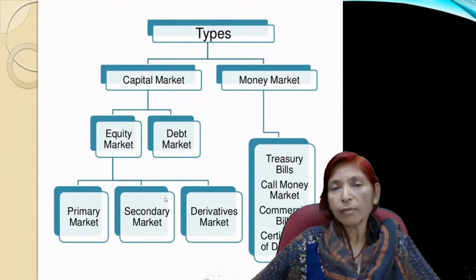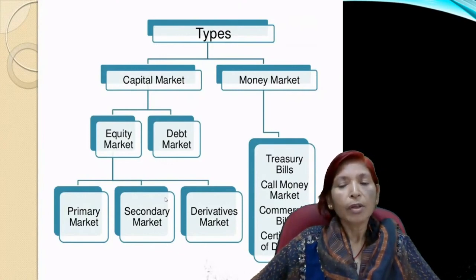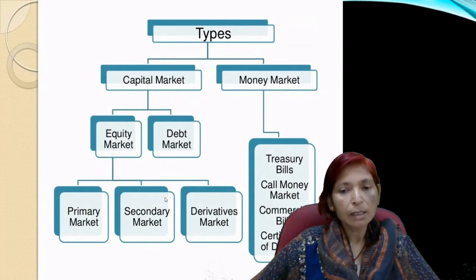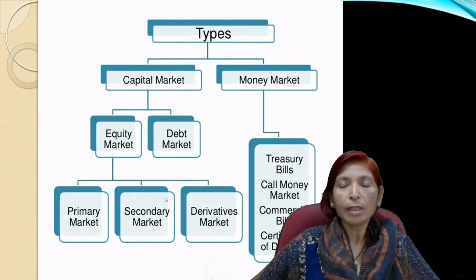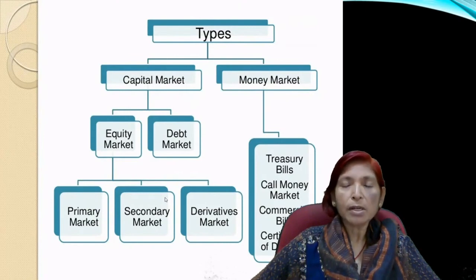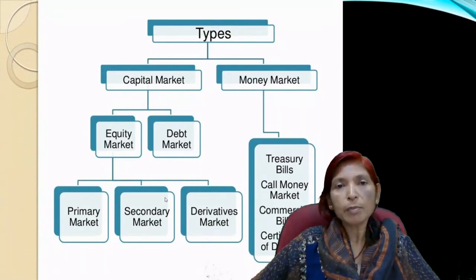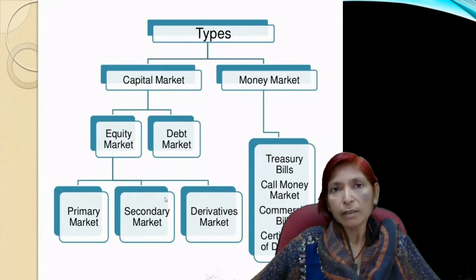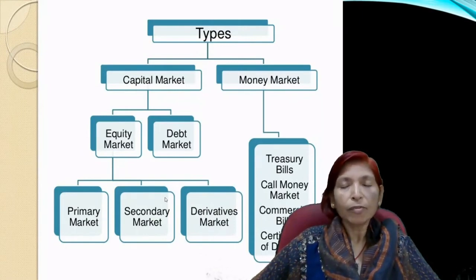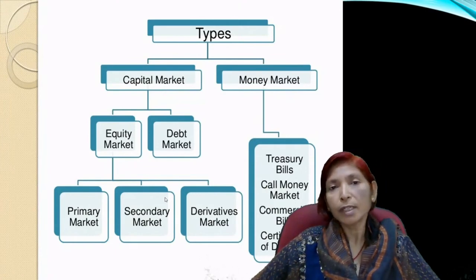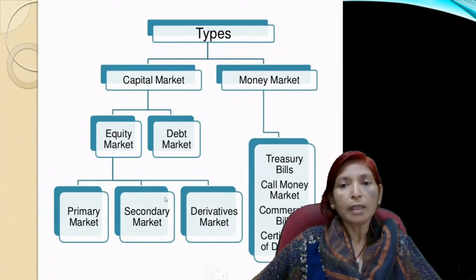And in money market, we include treasury bills, call money market, commercial bills, and certificates of deposits. Treasury bills are those bills which are issued by the central government of India, generally for collecting short-term funds.